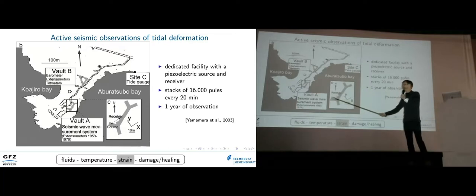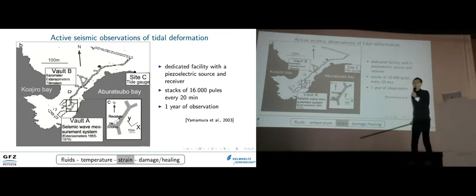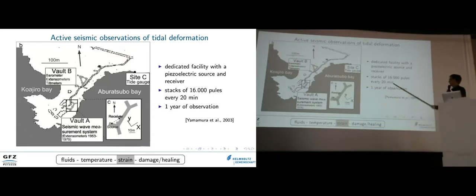They have an ultrasound pulse going through a distance of about 15 meters, and they measure the signals, they stack, and they obtain a measurement every 20 minutes and have observations over 1 year, which is a very nice time resolution to observe changes that might be introduced by tides.